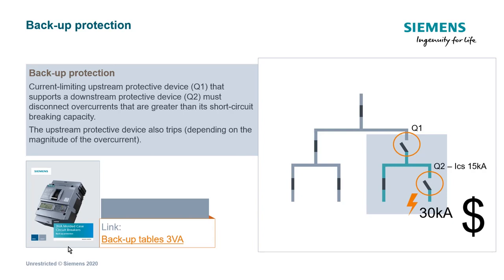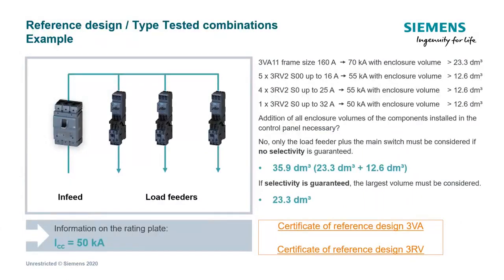What does this mean? If you're not being selective and you have backup, you can have a lower cost solution because you will use breakers with lower short circuit breaking capacity. But the design is totally okay with the standards.